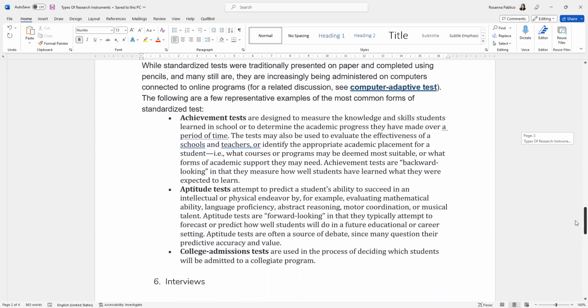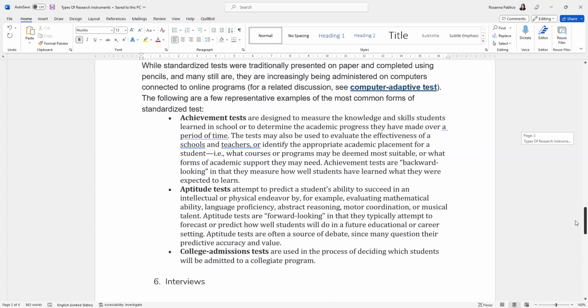Aptitude tests are forward-looking in that they typically attempt to forecast, or predict, how well students will do in a future educational or career setting. Magiging successful ka ba sa social work? Magiging successful ka ba sa engineering? So, kung yun ang gusto mo makuha, malaman, then take aptitude tests for those field to measure aptitude tests for a certain field.